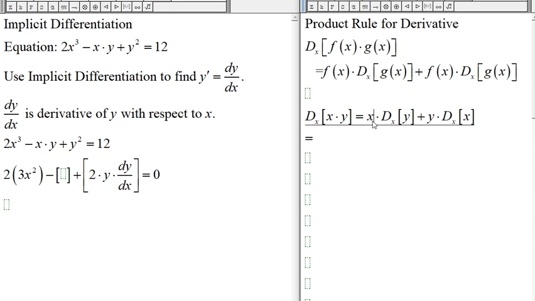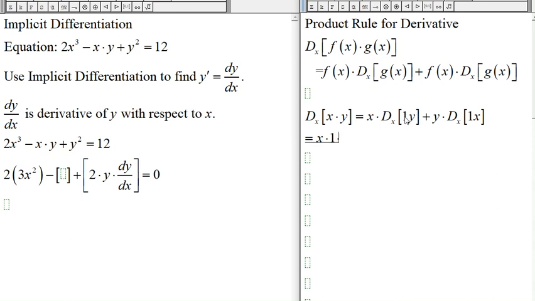So for this term we just get x, and then times, we're doing the derivative with respect to x, but the variable here is y, so we use the chain rule. The derivative of y is 1y, so this is the same as 1y, and this is the same as 1x. The derivative of 1y is 1, and then we have to use the chain rule on this part.